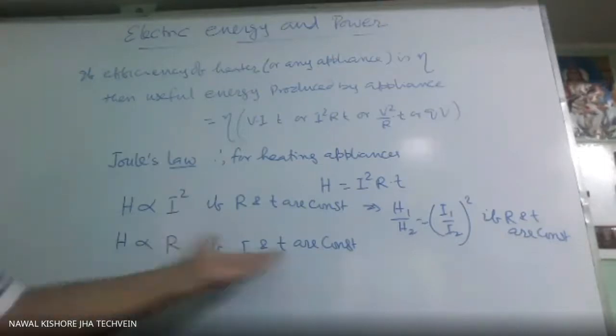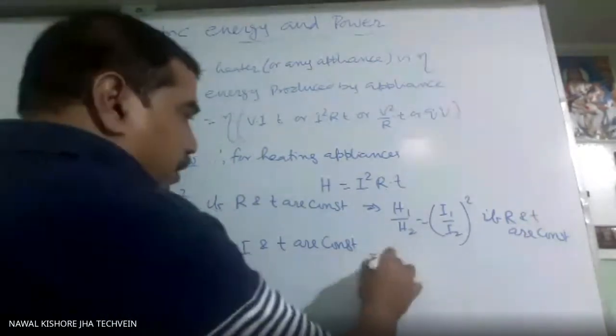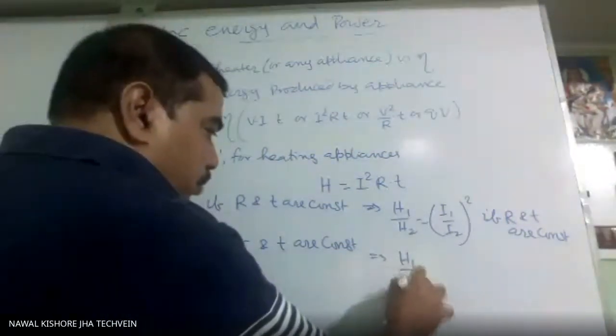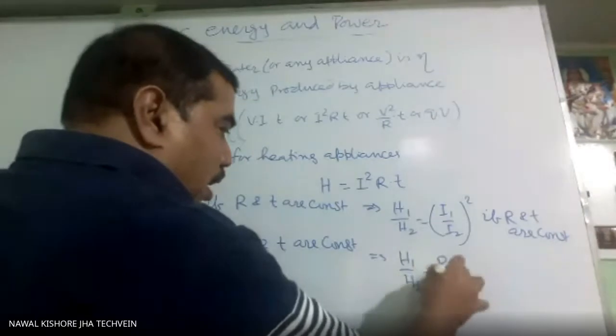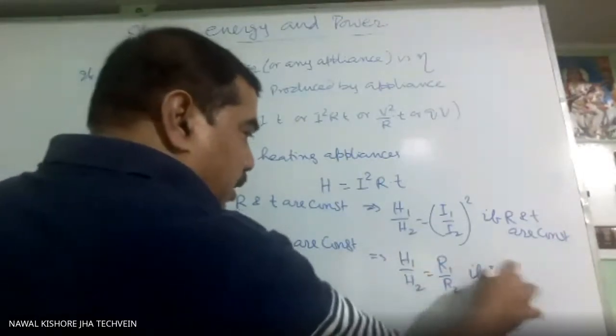Then if the same current is passed, the heater which has more resistance will produce more heat. So from here H1 by H2 will be R1 by R2, if I and T are constant.